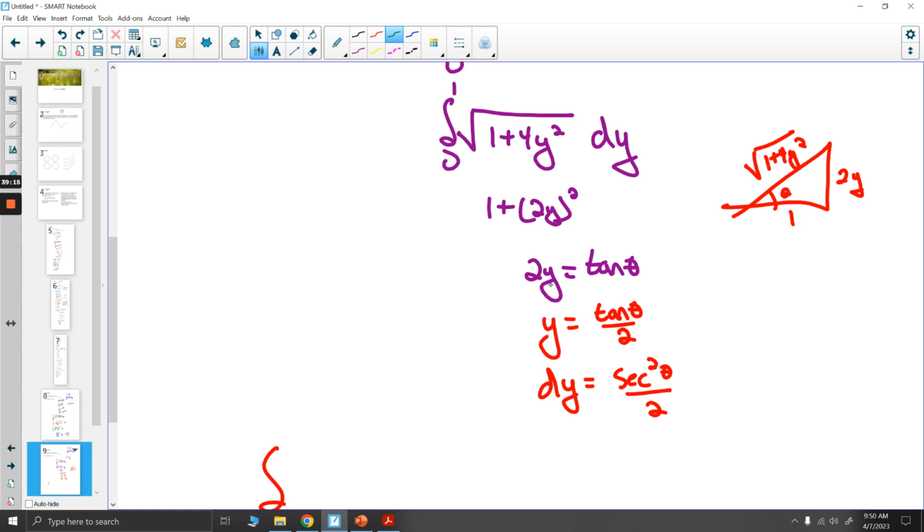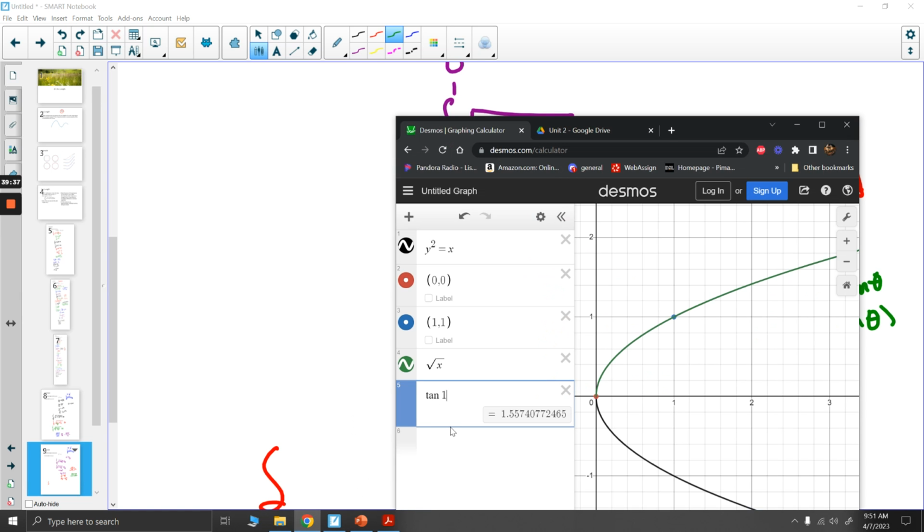Our y is here, so essentially if we want to change it, we would say 2 times 0 is tangent of theta, and we want to know what's the theta then. So 2 times 0 is 0, so tangent of theta would be 0, so tangent inverse of 0 is theta, which tangent inverse of 0 is 0.